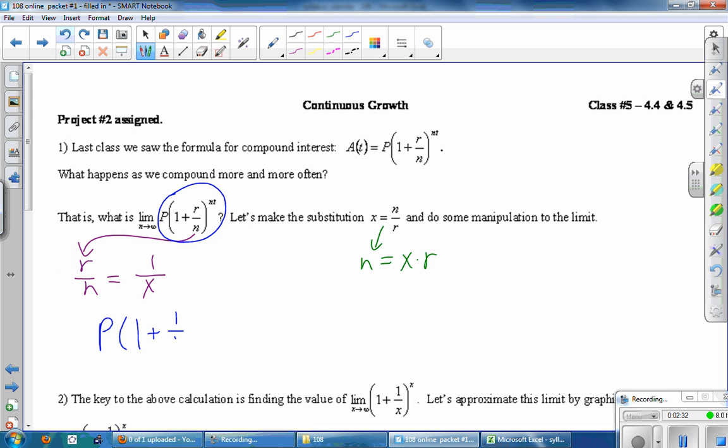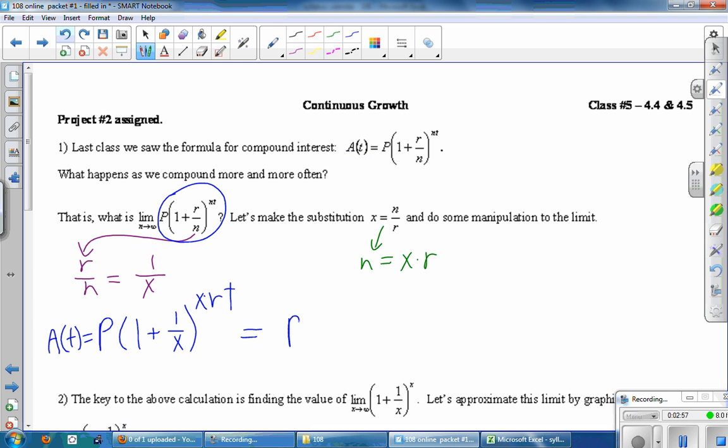So I'm going to put 1 over x right there. And then upstairs, the power is n times t, but instead of n, I'm going to put xr. So instead of n times t, it becomes xr times t. Okay, so far so good. So I'll call this A of t because that's what it's equal to. That's what it was at the top of the page.